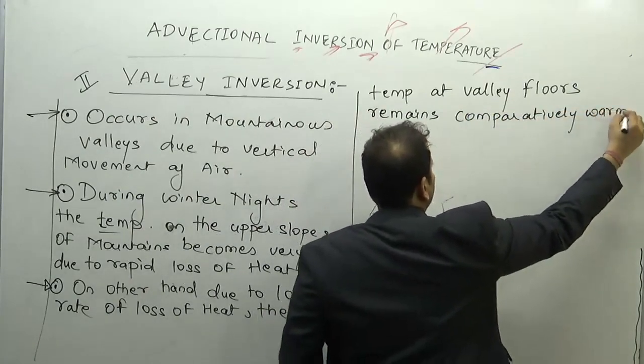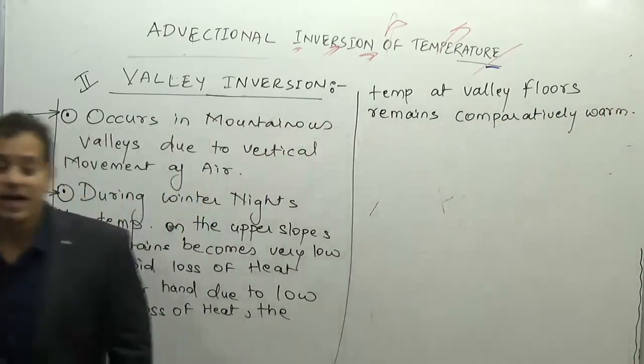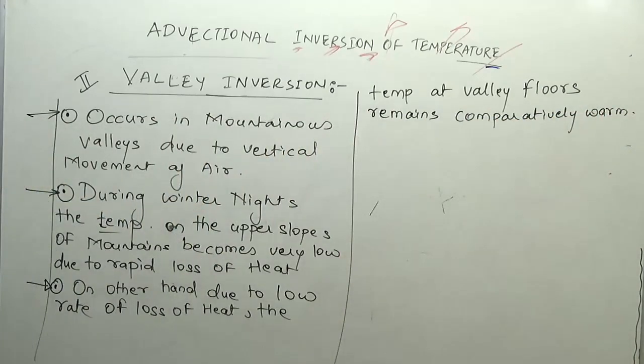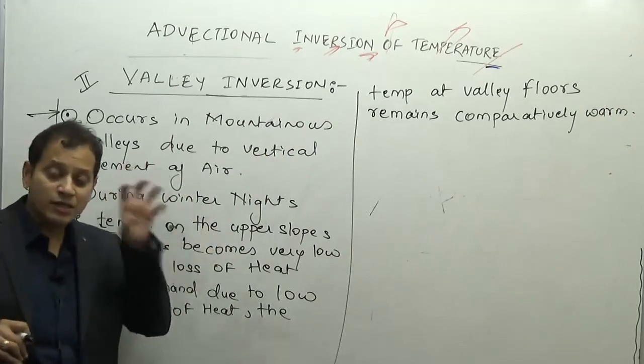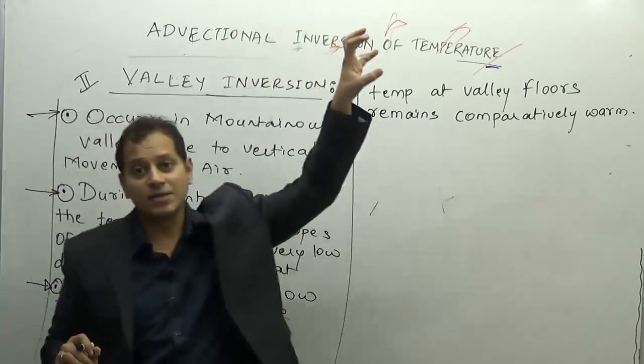Compared to that, it is warm. Now this is the normal condition, meaning valley floors are warm, upper air is cold.